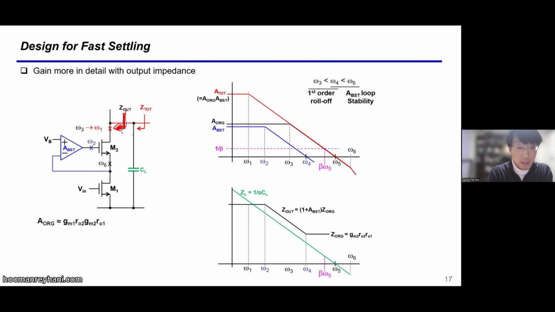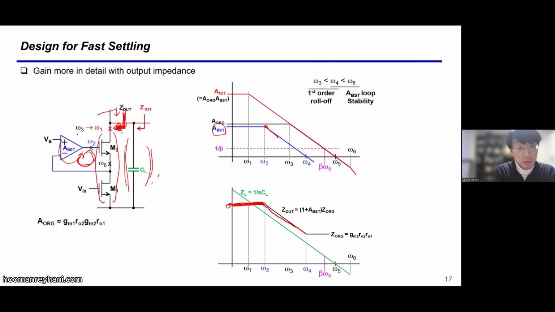This is the load capacitor of the amplifier, and except for the load capacitor, we still have the impedance of the amplifier itself. If you see the amplifier's own impedance, then at the DC level, we know the cascode impedance is boosted by the amplifier, right? So that is that amount. And then when A boost drops its gain, because the loop gain reduces, the impedance boosting effect will also reduce like this.